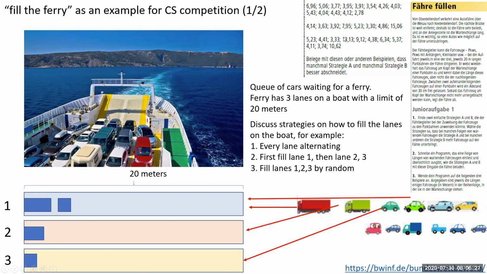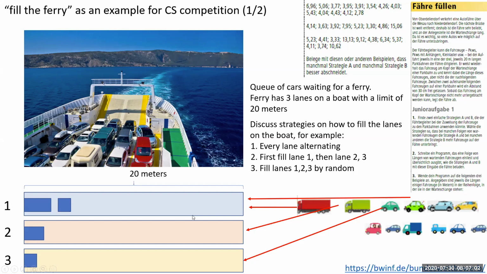The exercise in this competition is to develop some strategies, implement them in any programming language, and discuss for which kind of waiting queues which strategy is better. So you could say, okay, you fill every lane alternating. That's what's in the picture here. The first car goes to the first lane, the second car to lane 2, the third car to lane 3, and then you start again, going to the first lane.